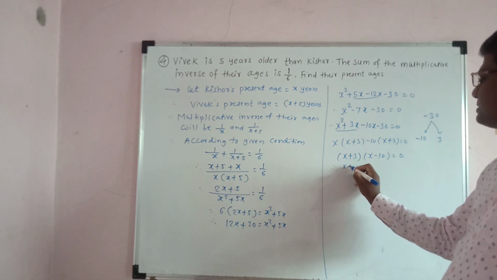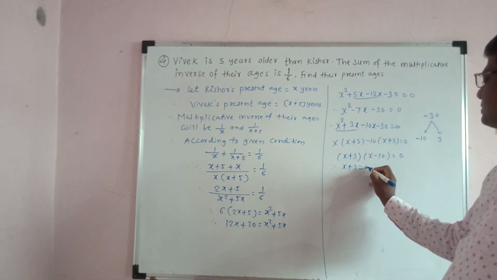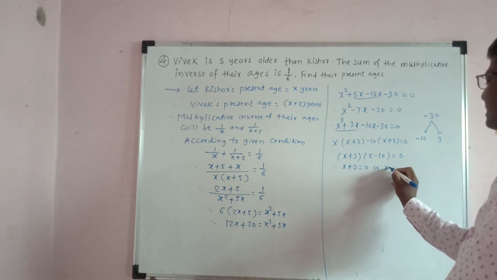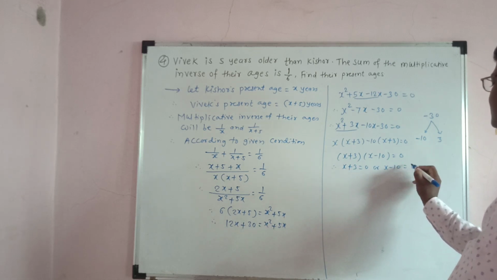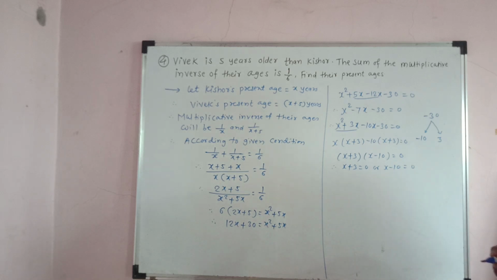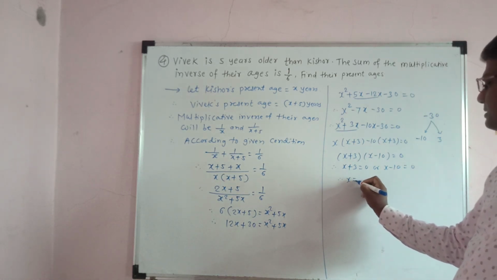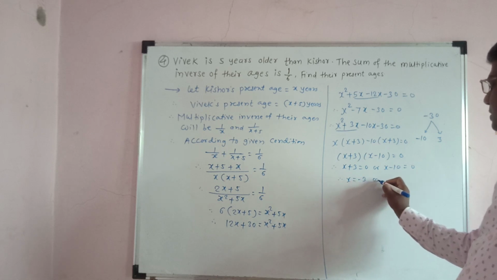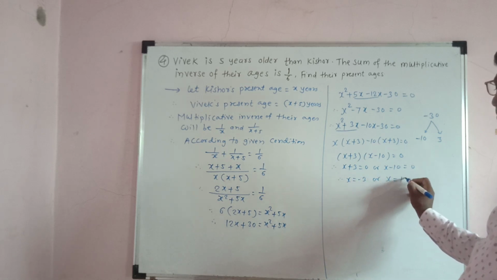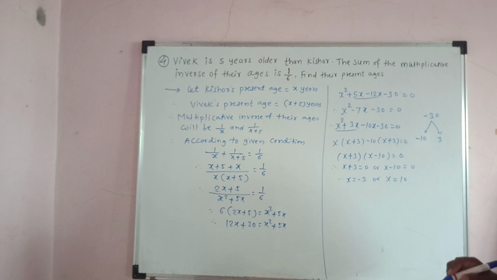Therefore x plus 3 is equal to 0 or x minus 10 is equal to 0. Therefore x is equal to minus 3 or x is equal to 10, but age cannot be negative.